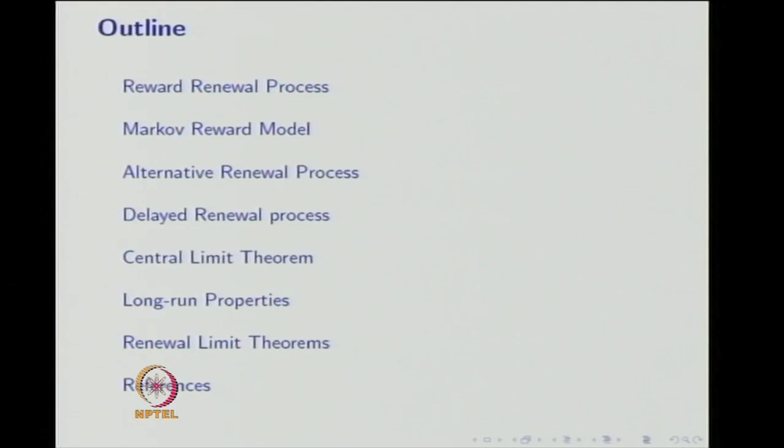With this we complete the generalized renewal processes. In the second half we are going to discuss the central limit theorem, long run properties and the three important renewal limit theorems.